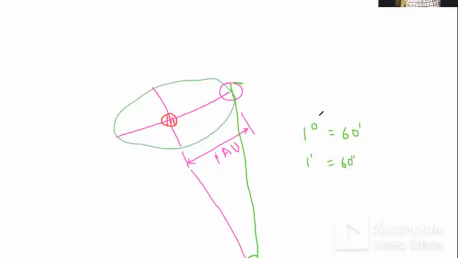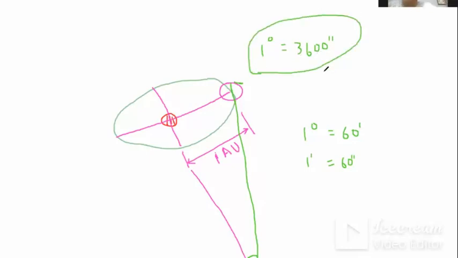So you divide 1 degree into 60 parts, and then one part of the 60 you again divide into 60 parts. So 1 degree is equal to 3600 seconds. You divide 1 degree into 3600 parts, and one part is said to be 1 second.